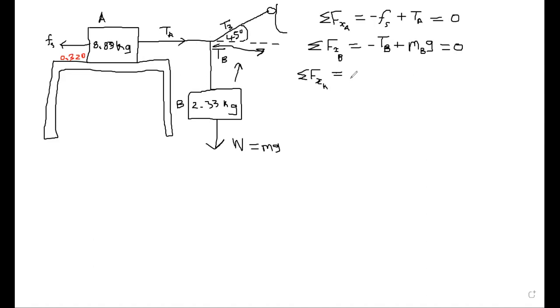So we have TA being negative. Plus, the horizontal component has got to do with cosine, so it's T3 cos theta.